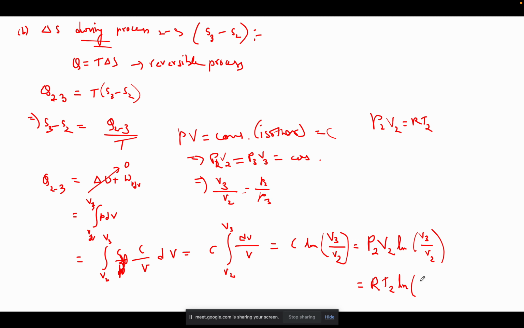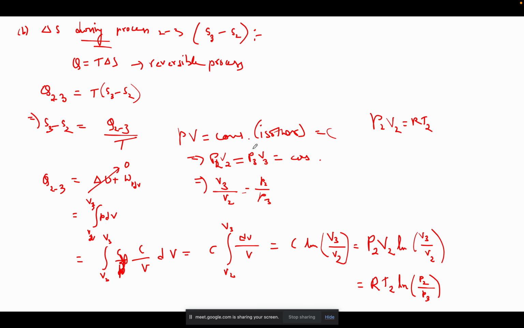Hello, PV raised to n is constant is a polytropic process. Yes, it is a polytropic process, but here it is an isothermal process, so it is PV equal to constant, because temperature is constant.